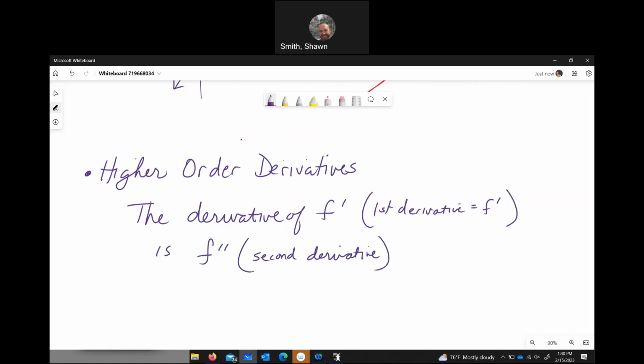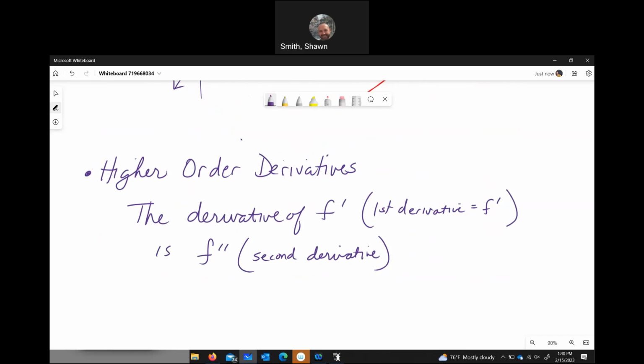Try to think what this means. The first derivative is a rate of change, right? Now I take the derivative of a rate of change, which is a rate of change. So this is the rate of change of a rate of change. Go to the third, the rate of change of a rate of change of a rate of change.